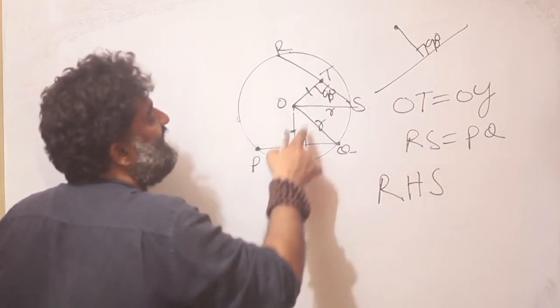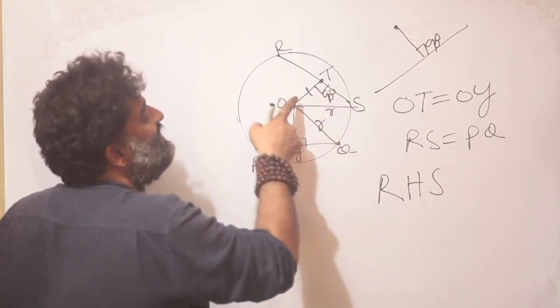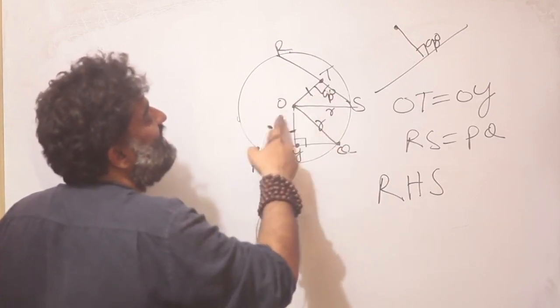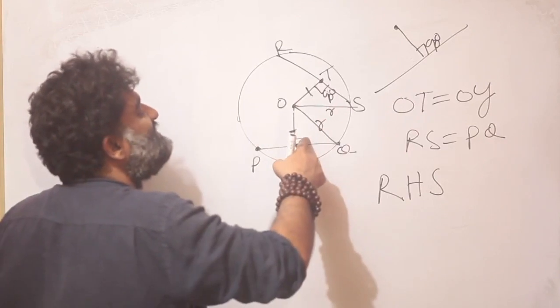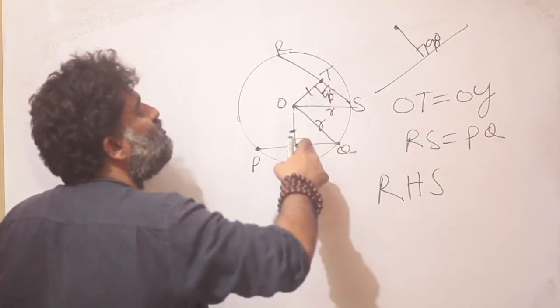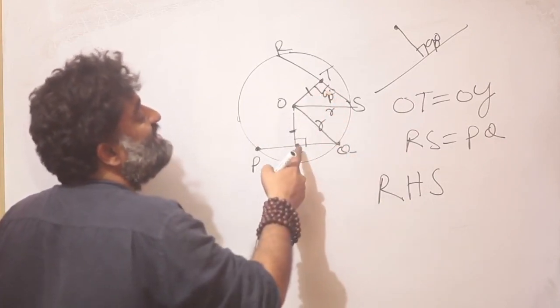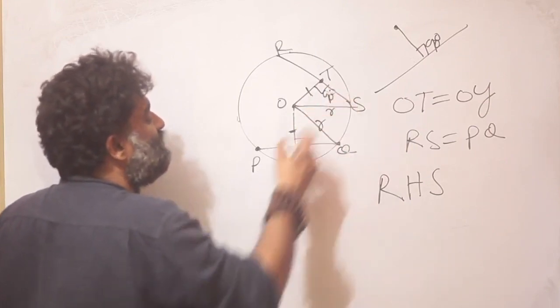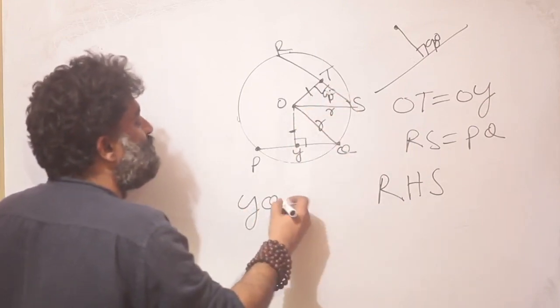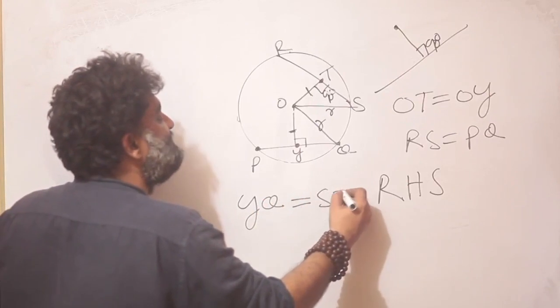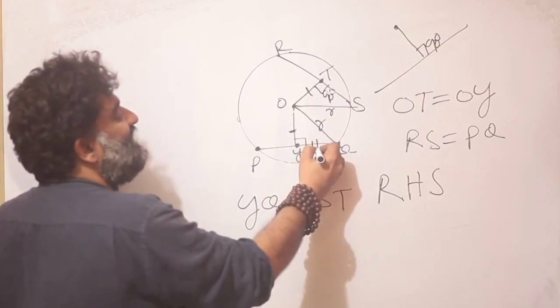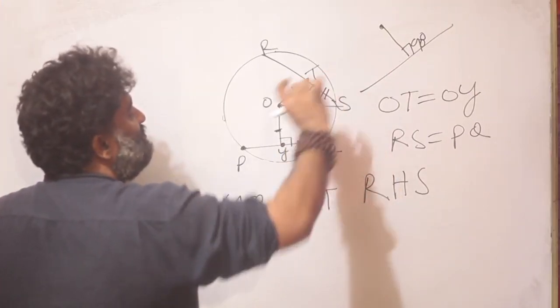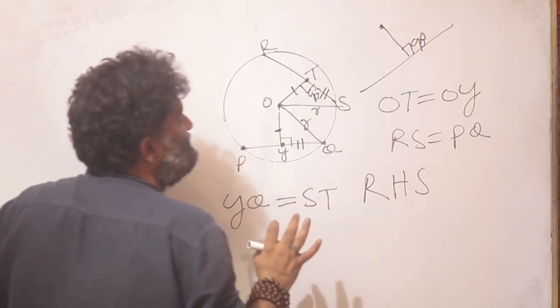You have a right angle, you have a 90 degree angle, and two sides of the triangle are equal to each other. That means these two triangles are congruent to each other. That means the corresponding sides are also going to be equal. That means YQ is going to be equal to ST. That means this side is equal to this side. So this part of the job is done.